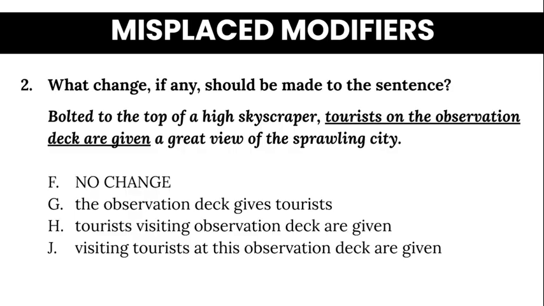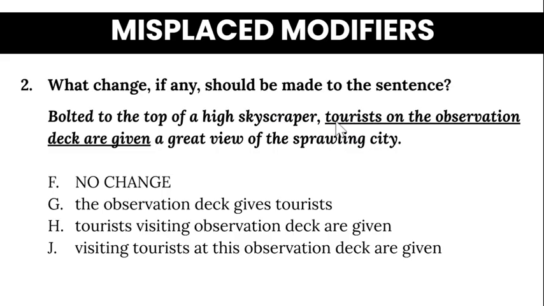Number 2, what change, if any, should be made to the sentence to correct any misplaced modifiers? So actually, this first phrase right here is the modifier, bolted. That's an ed word, and then a string of words after it. This is a modifying phrase. Who or what is bolted to the top of a high skyscraper? Well, the noun that's after it is tourists.